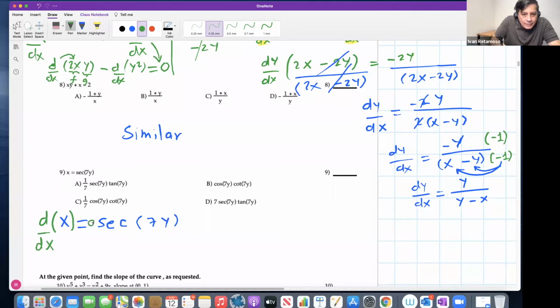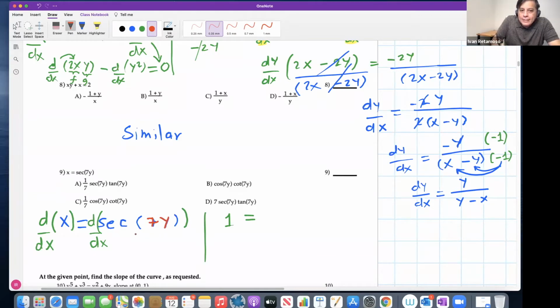So take the derivative with respect to x of both sides of the equation. Here, this derivative is just 1, but over here, I have to take the derivative of secant of 7y. Notice this is a composite function, so we're going to apply the chain rule.